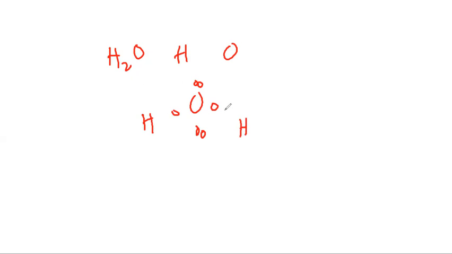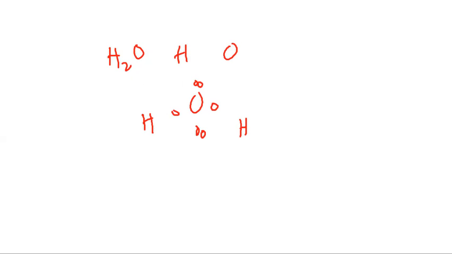For example, I have a molecule of water, right? This molecule of water contains hydrogen and oxygen. If you see the periodic table, oxygen is in group 6, so there will be 1, 2, 3, 4, 5, 6 electrons of oxygen, and then we have one hydrogen and the other hydrogen.